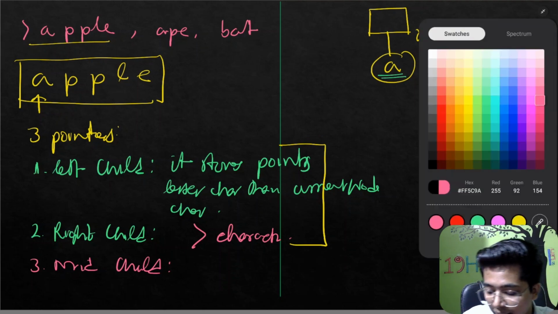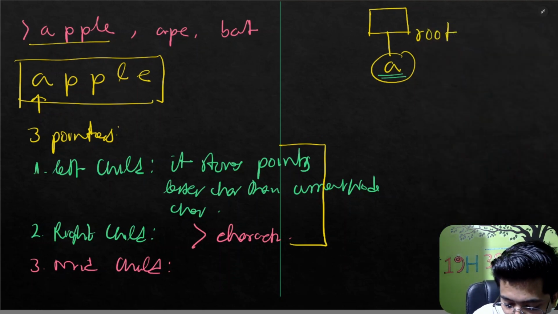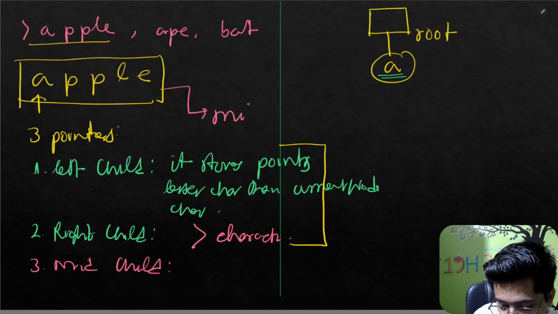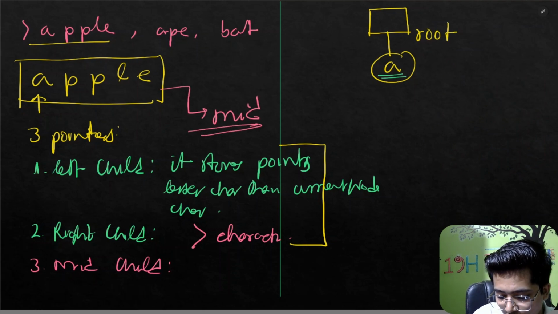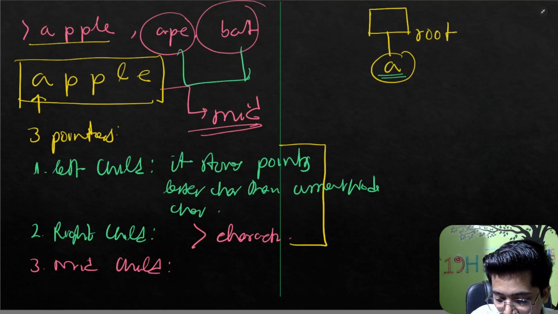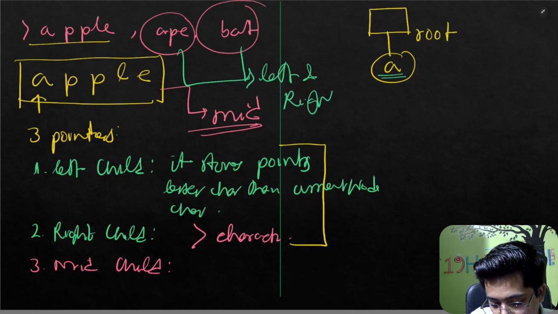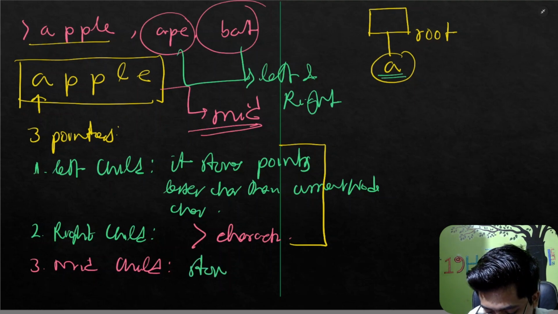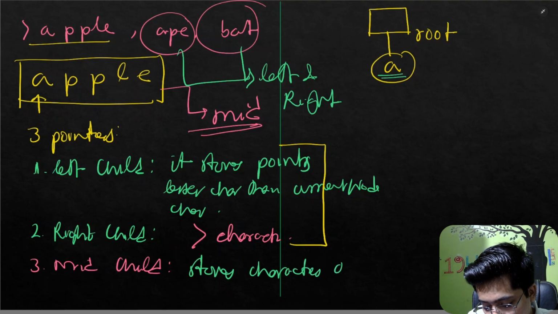But characters of other words, app, bat, will get stored in the left or right child. So this was the concept: the mid child stores characters of the same word.